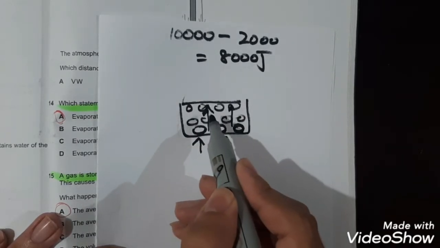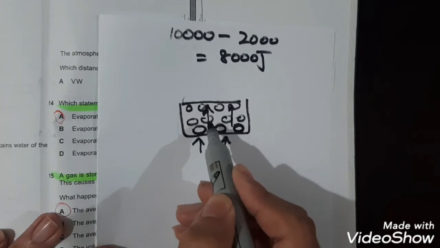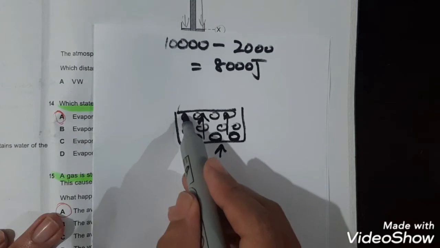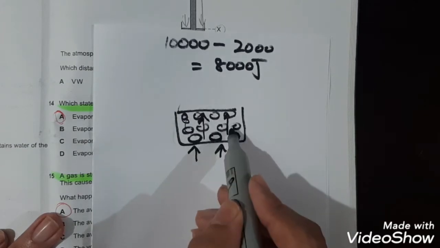So the remaining molecules in the pot will decrease in temperature.